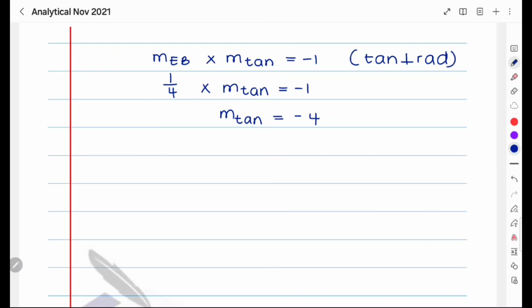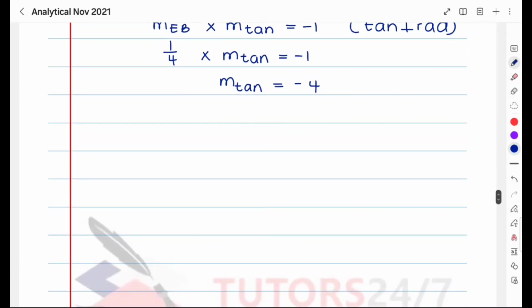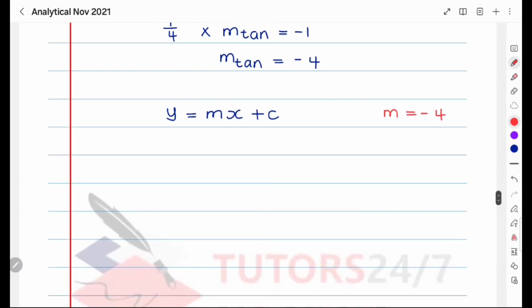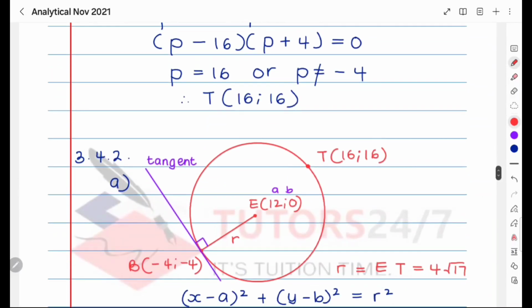Now that we have the gradient of the tangent, we can use the equation of a straight line, because keep in mind a tangent is a straight line. So we have the gradient, that's -4. We need a coordinate on the tangent.